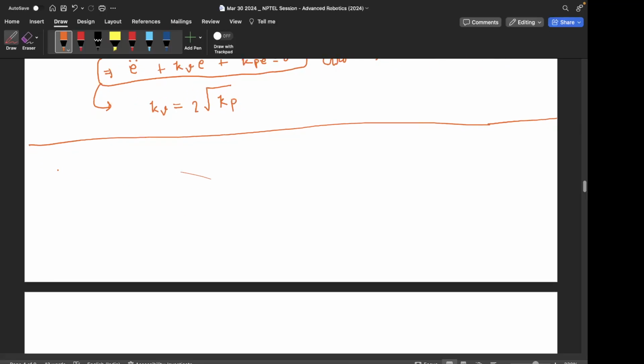Now, an important function of any control law is its ability to reject disturbances, right? So, disturbance rejection.